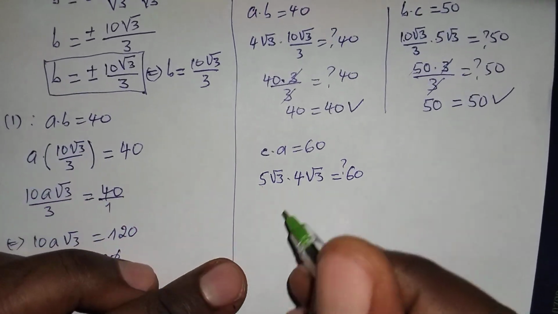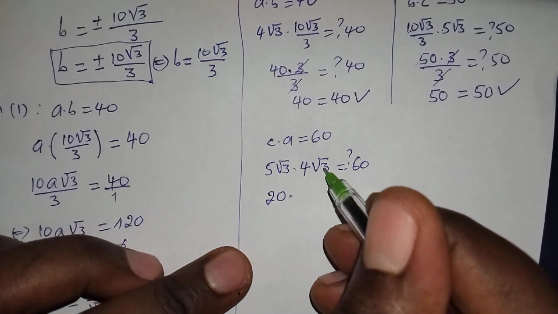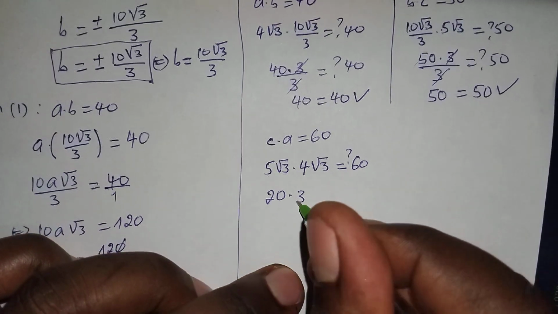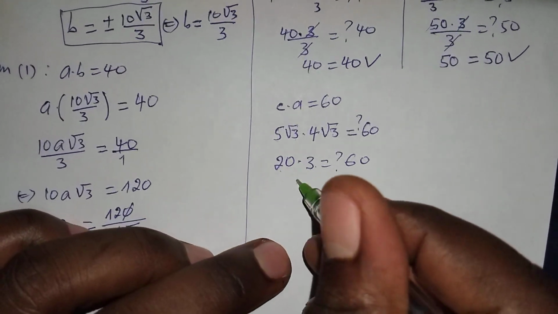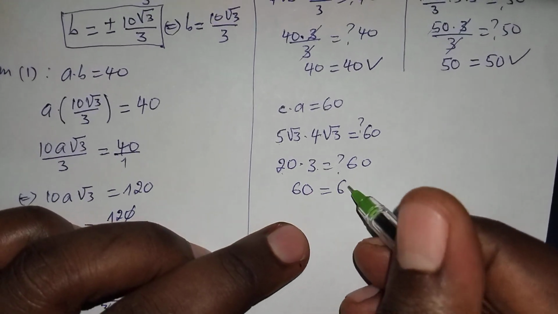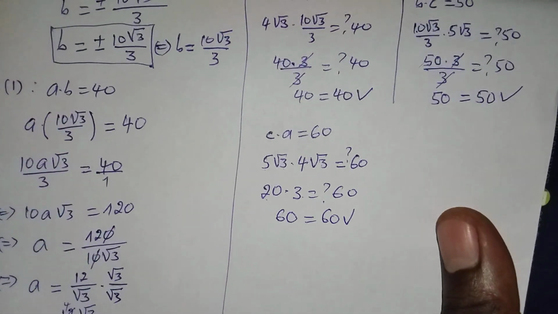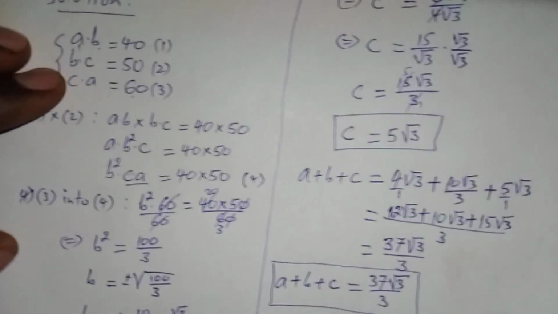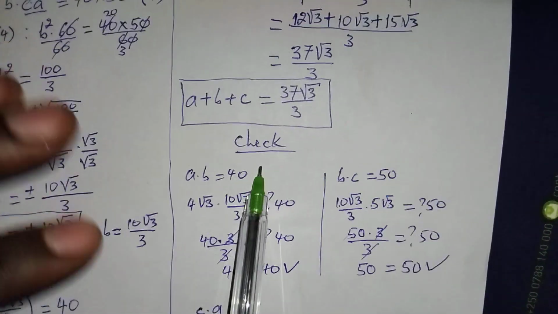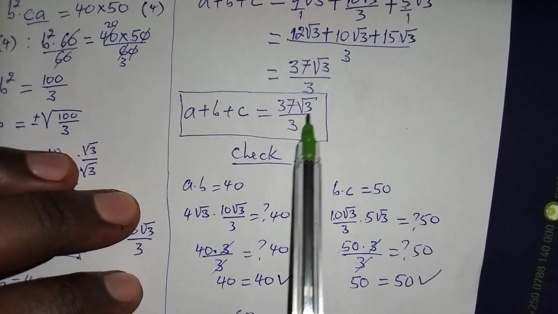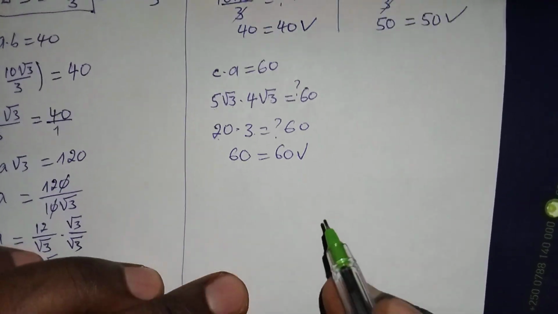So 5 times 4 is equal to 20 times square root of 3 times square root of 3 is equal to 3. Is it equal to 60? So 20 times 3 is equal to 60, which is equal to 60. This is true. So this equation has the solution A plus B plus C is equal to 37 square root of 3 over 3. This is correct.